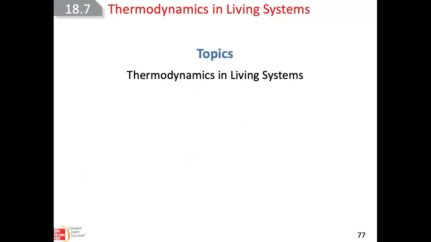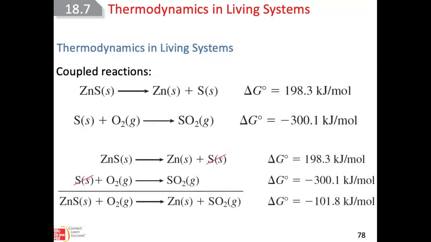I just want to talk here about the thermodynamics in living systems. So what this is really telling us about is a coupled reaction. The coupled reaction means that sometimes a reaction, let's say zinc sulfide decomposing into zinc and sulfur, is not favorable.